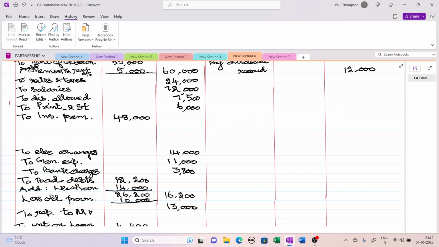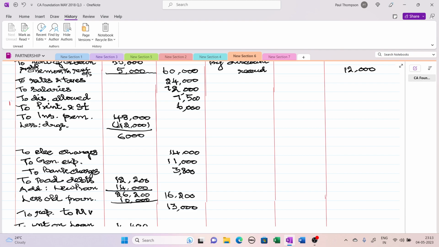The last one is about insurance premium. They say that of the insurance premium paid, 48,000, 42,000 is for the proprietor's life insurance premium. Whatever is pertaining to the proprietor is a drawing. So less drawings, that is LIC of proprietor. The drawings is 42,000. So the balance amount is 6,000.